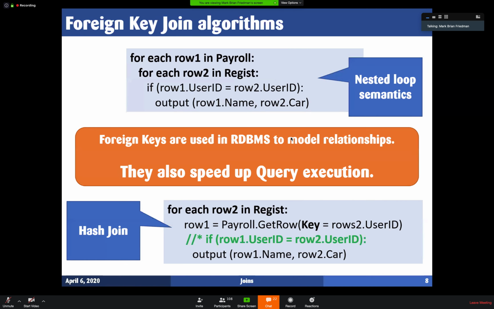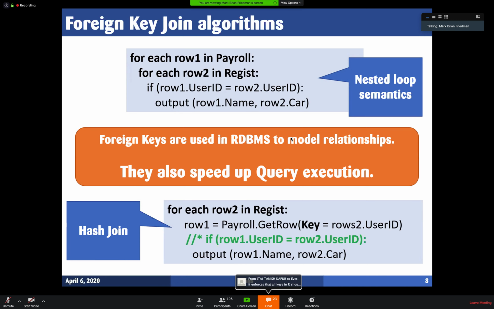Nested loop semantics is useful for understanding what kind of results you're going to get. But in fact, it's not the most efficient way to answer most queries, and it's rarely optimal. It's not the one the optimizer is going to choose. In this example, if the optimizer saw that there was a key there, we were doing an equijoin, it would do what is known as a hash join.